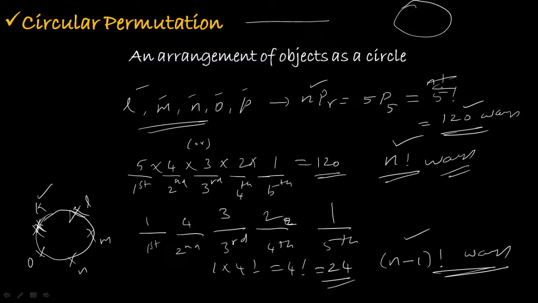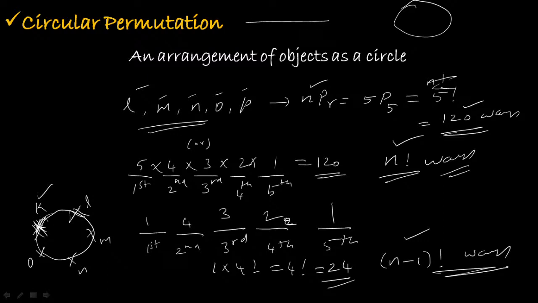Now let me take the letters K, L, M, N and O along the circle. I am going to fix a starting point, here as K. If you place these letters in a linear permutation, then we have 5 different permutations.